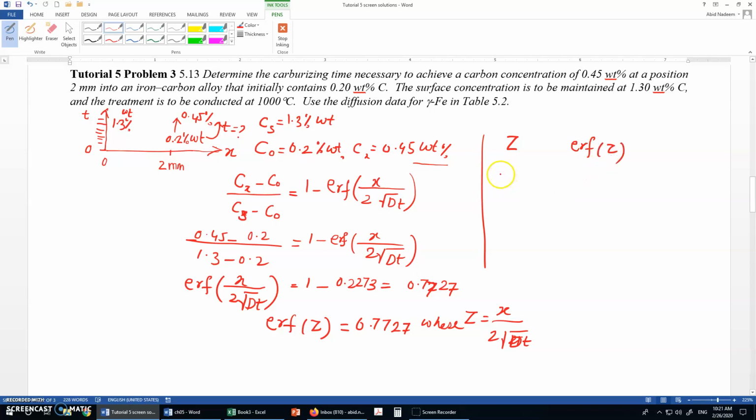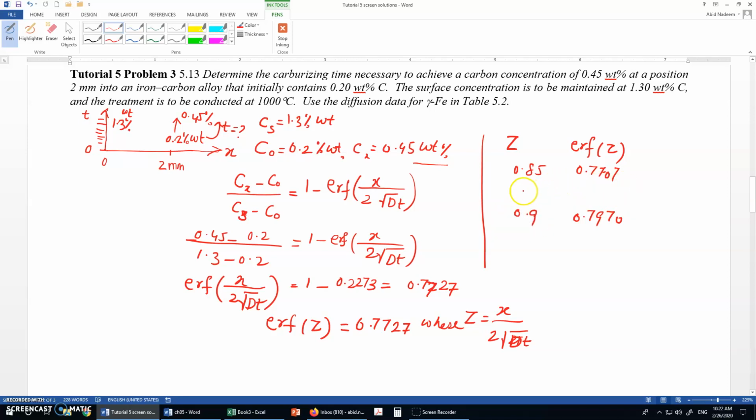We can take the values around 0.7727. Just before 0.7727 there is a value of 0.7707 at z equal to 0.85, and just above 0.7727 it is 0.7970 for z equal to 0.9.